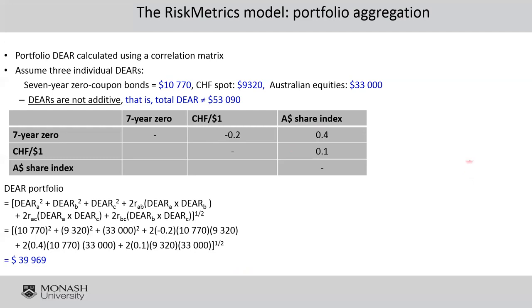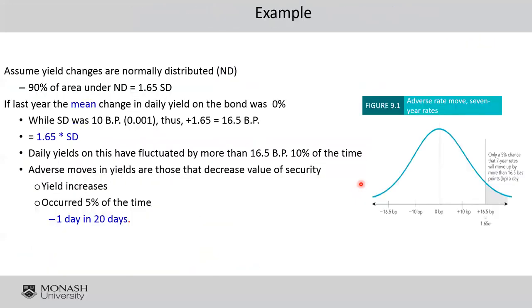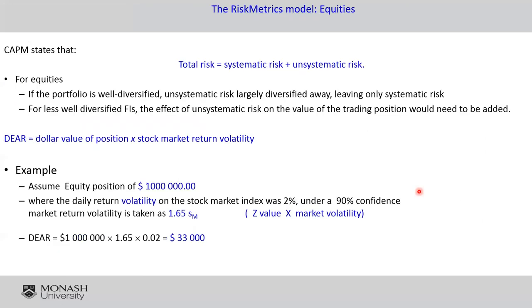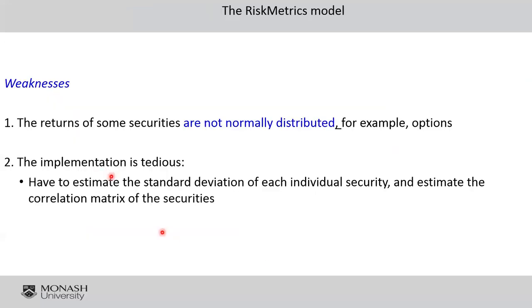But the problem is sometimes we cannot deal with the issue of normality. When we take the confidence level and the Z value, we are assuming all the time that this is normally distributed, which is not always the case. So these are the weaknesses: the implementation is difficult, and then the assumptions, the correlation and the normality.